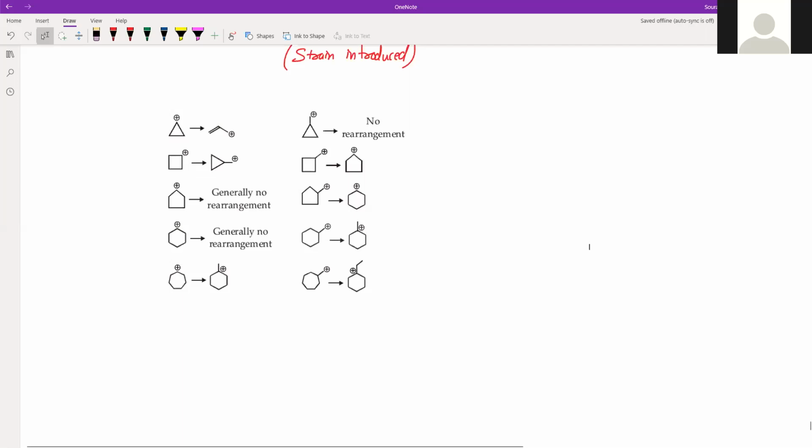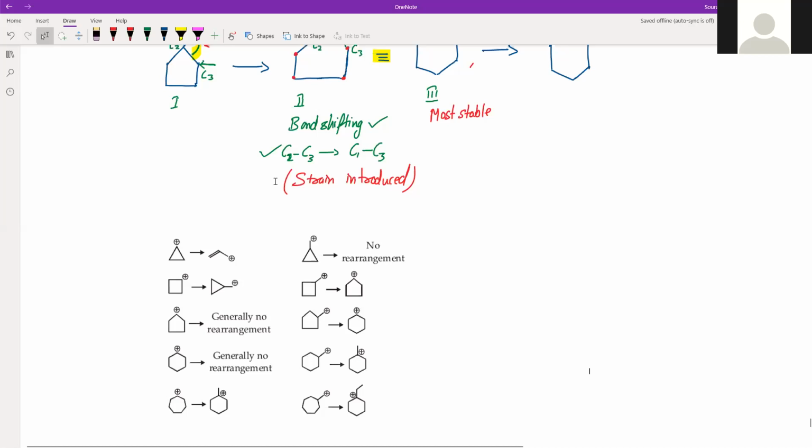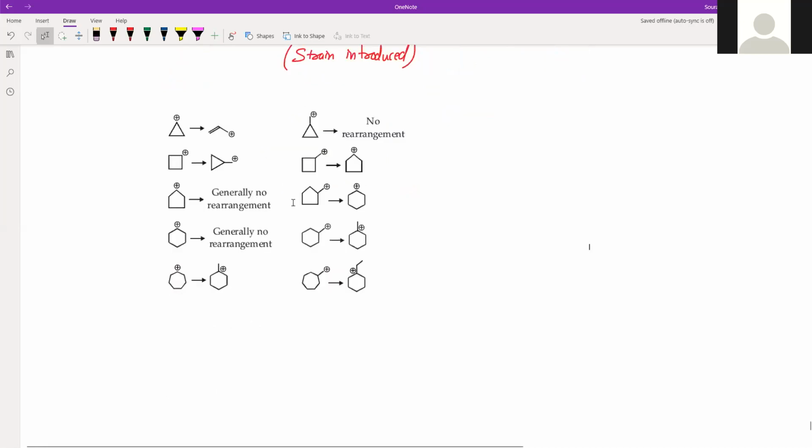Okay. So now next is, I think that was about the carbocations. That's all about carbocations. This is an important thing which you will see. Generally I don't advise you to learn something by heart, but in organic chemistry, if we can memorize a few things, it makes our life easier.